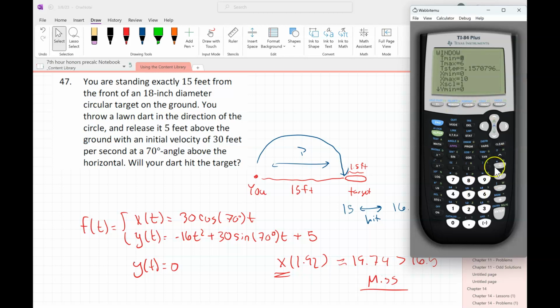So I'll make my x max maybe 5. And for y, the biggest output is 0 and the smallest is -2, so I'll make that -3. Oops, but not my t's. That was for my x's. Sorry. The t range is 2 pi, and the minimum is -2 pi.